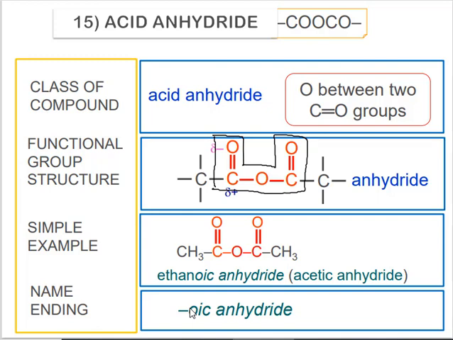The name of the functional group is anhydride. This is the region you should be able to circle if you see any anhydride functional group. The name ends with oic anhydride. For example, with 2 carbons each, ethanoic anhydride.